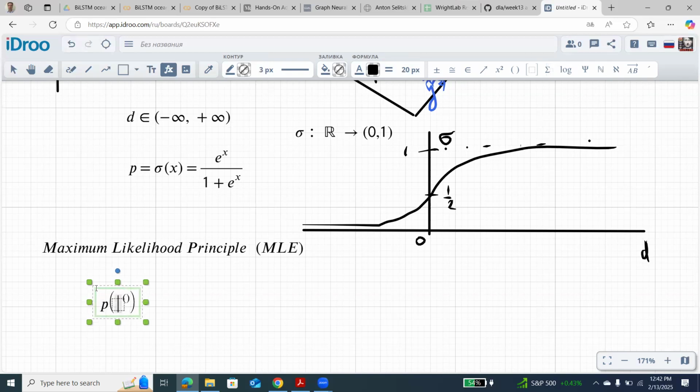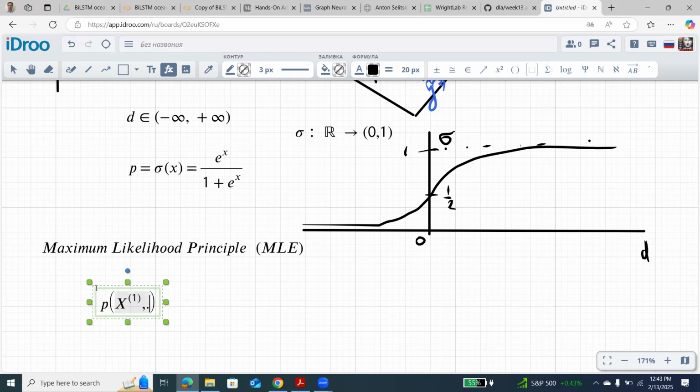I will use capital characters for random variables and lower characters for realizations, for real samples.